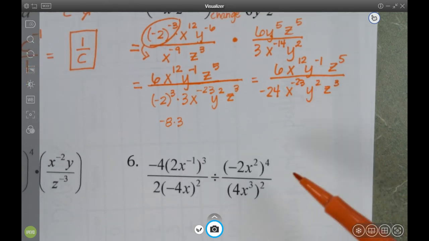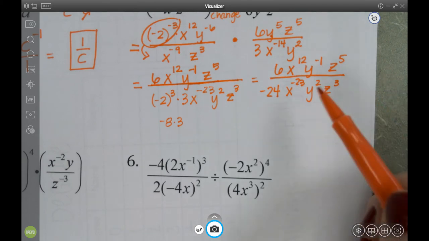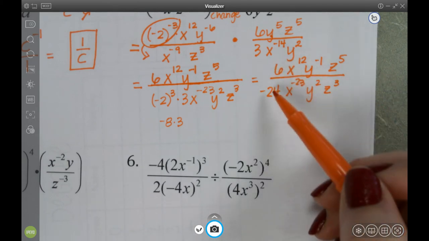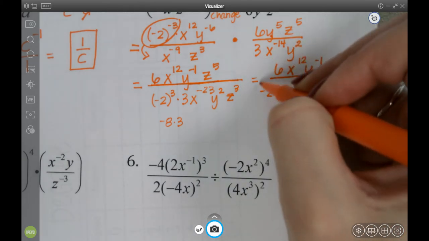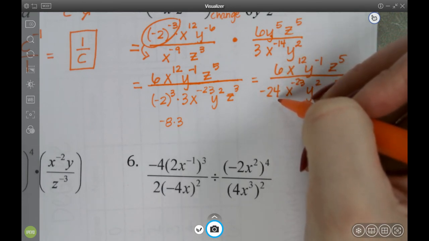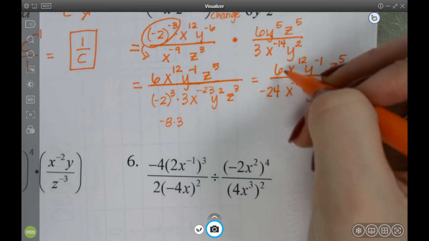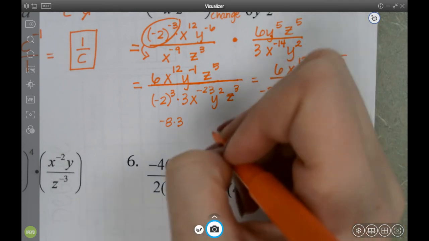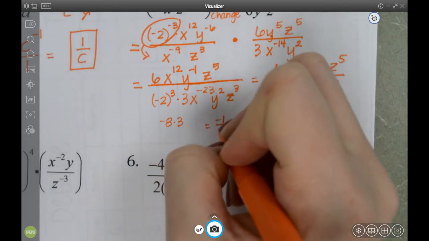Okay, so just like I did on number 6 on the left-hand side of the page, I'm going to take this one piece at a time. So I'm going to start with just these numbers. If I have 6 over negative 24, do you see that that simplifies to negative 1/4? Okay, so I have negative 1/4.